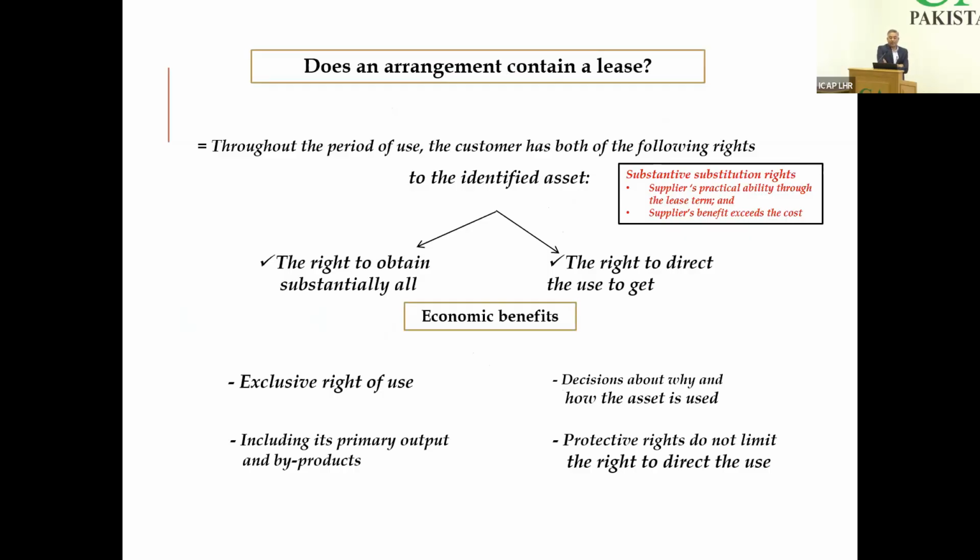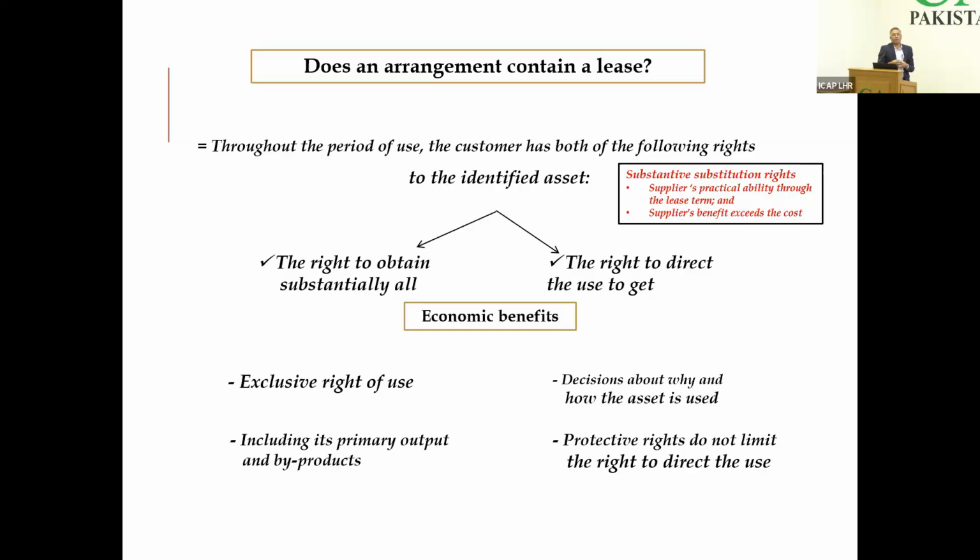And under that right, the lessee has the right to obtain substantially all of the economic benefit. If that asset is solely given, then all of the economic benefits of that asset within that period, which is the lease term, basically belong to the lessee. And then the right to direct the use to get economic benefit.